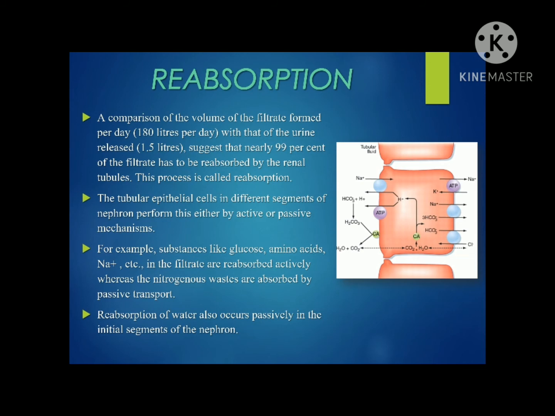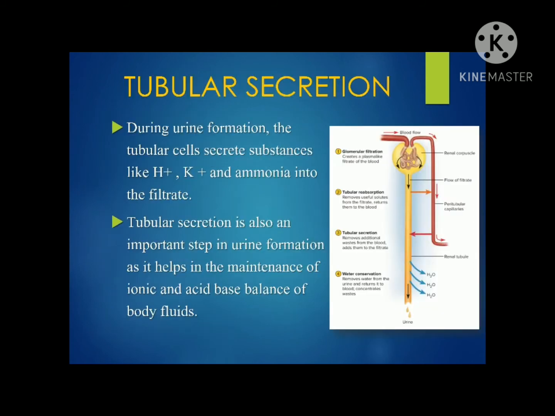For example, substances like glucose, amino acids, sodium ions, etc. in the filtrate are reabsorbed actively, whereas the nitrogenous wastes are absorbed by passive transport. Reabsorption of water also occurs passively in the initial segments of the nephron.